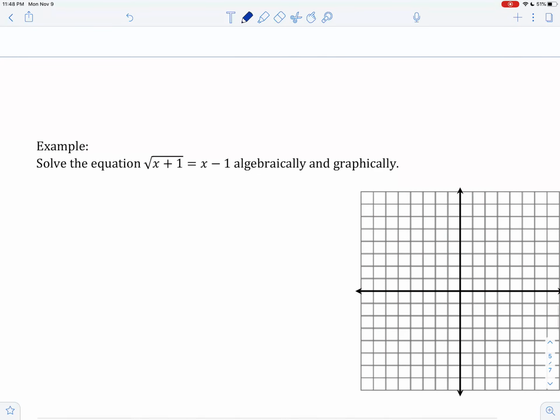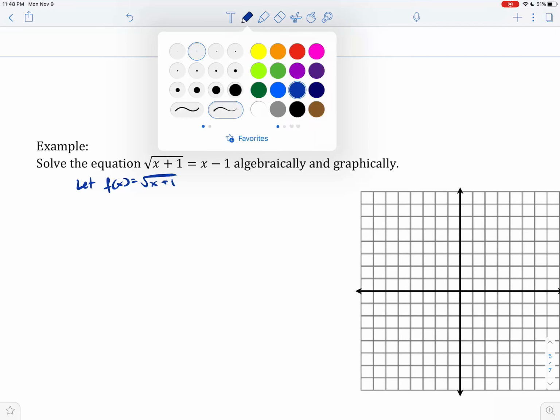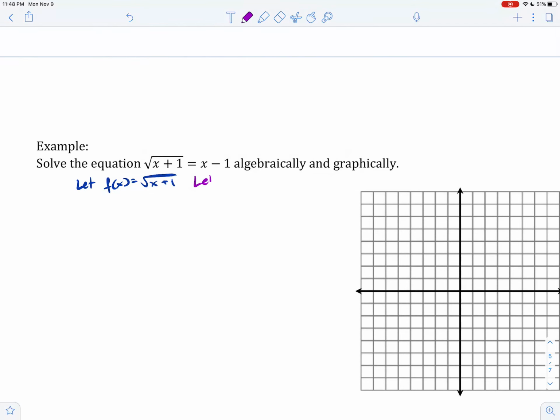But as there are two separate functions, I'll need to be able to label them. So I'll let f of x equal this left-hand side. I will let g of x equal the right-hand side.